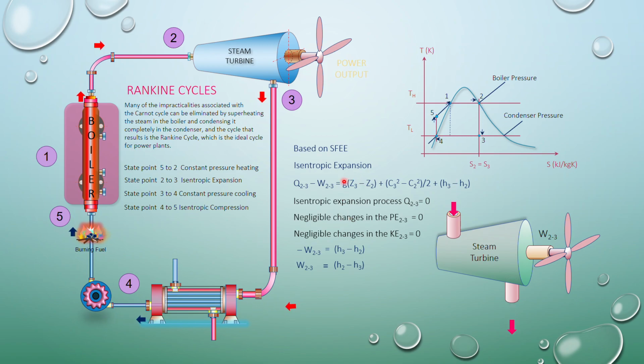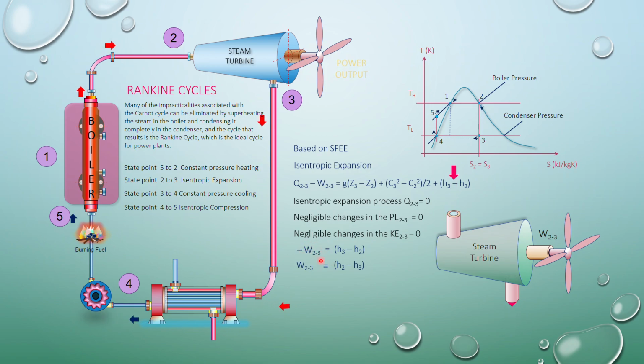The specific potential energy change is also neglected, because usually we consider it negligible, so it is also 0. For kinetic energy in the steam turbine, sometimes you have to include it, but most of the time when solving questions on power plants, we neglect the kinetic energy as well. Then you have your work done, that is your work output.